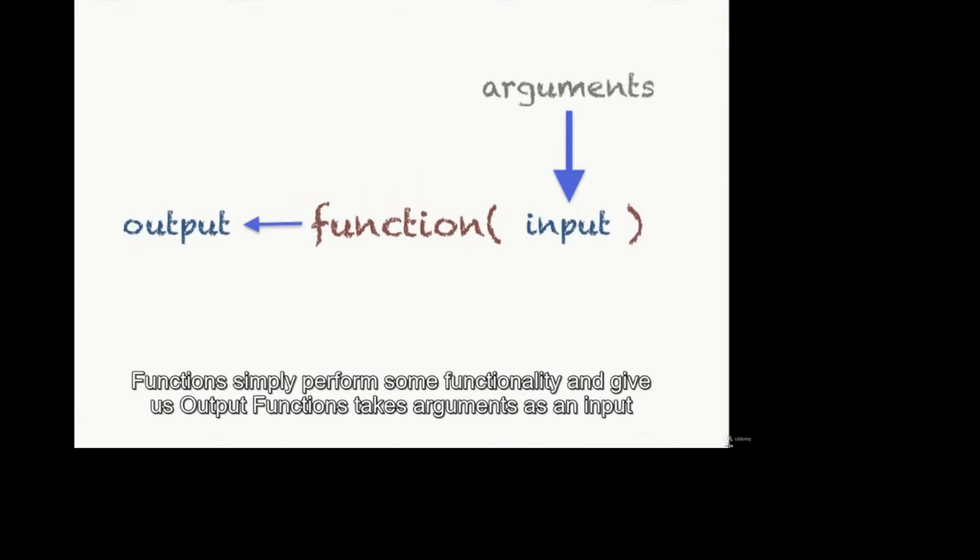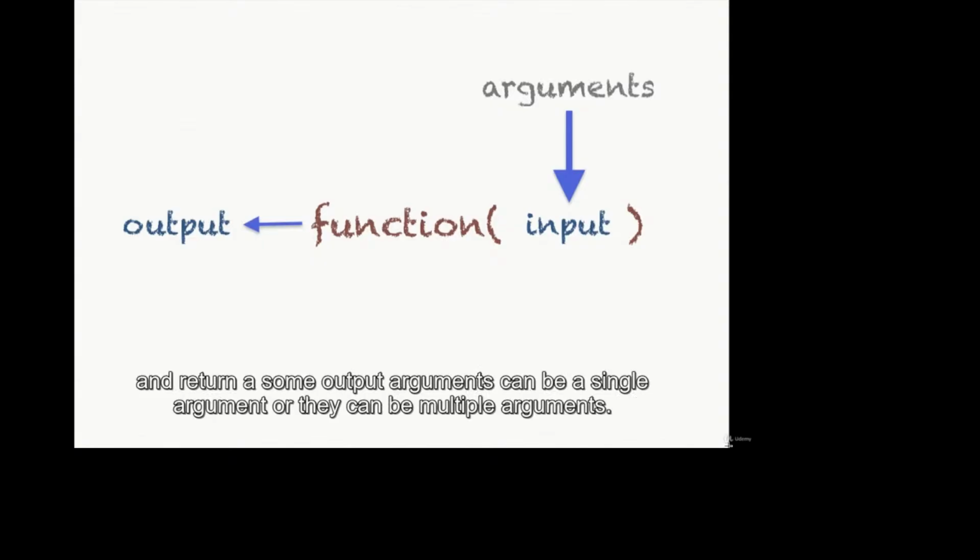Functions simply perform some functionality and give us output. Functions take arguments as an input and return us some output. Arguments can be a single argument or multiple arguments.